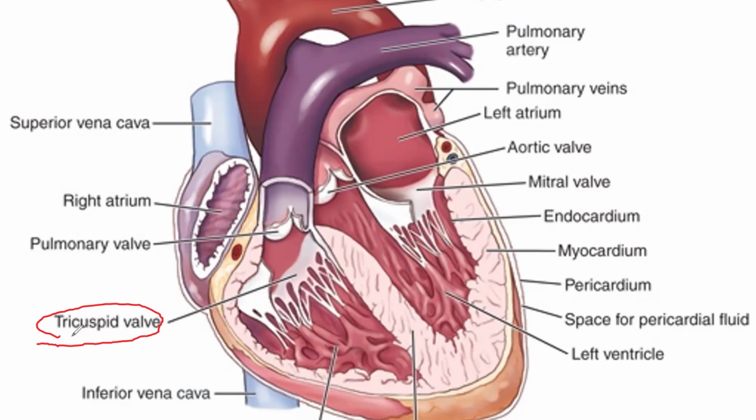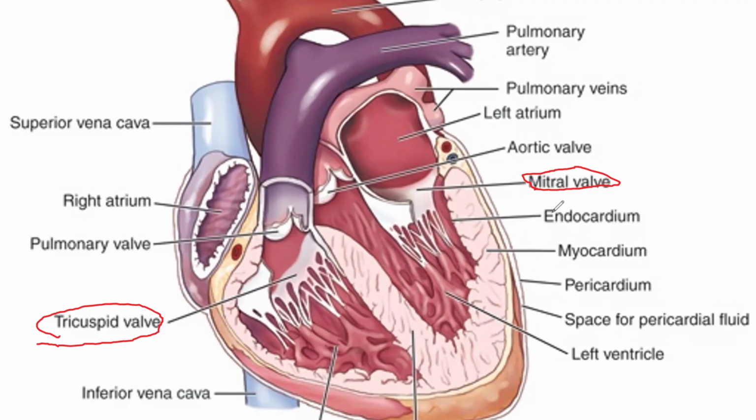I always remember that this is called the tricuspid valve because tri has ri in it, and so I think right side, right, tricuspid valve. On the left side, we have the mitral valve. The mitral valve does the same purpose. It is the valve right here between the left atrium and the left ventricle.